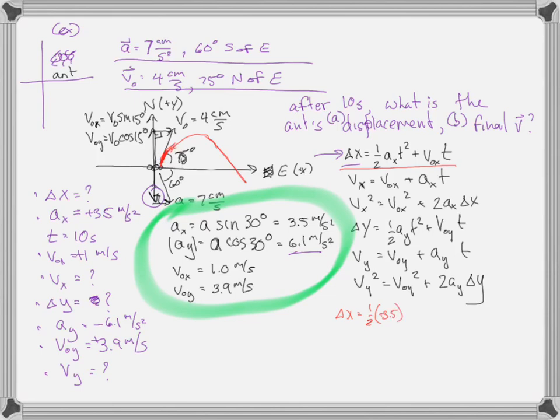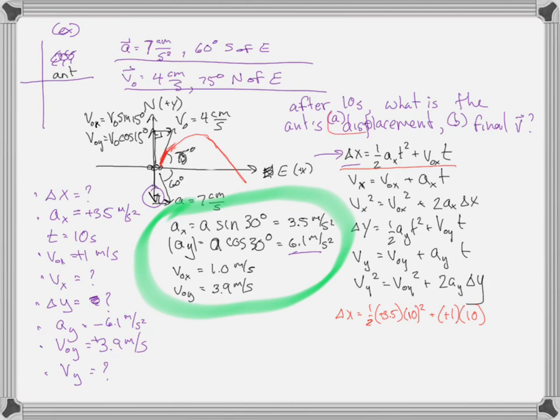Plus 3.5 t squared, 10 squared, plus v0x, which is 1, plus 1 meter per second times 10 seconds. I just left off the units in order to be expeditious here.